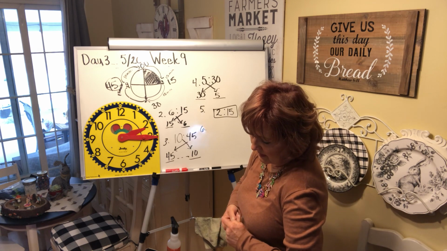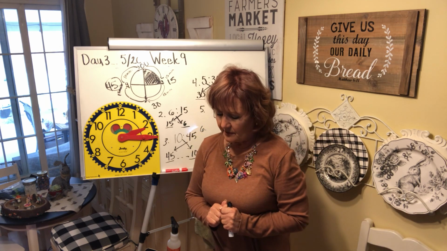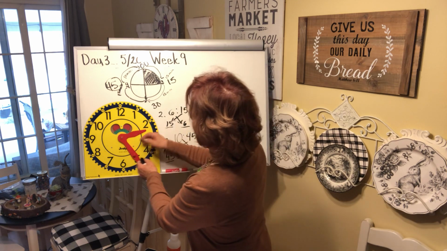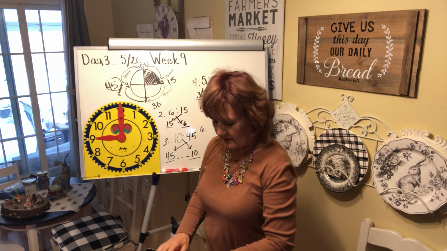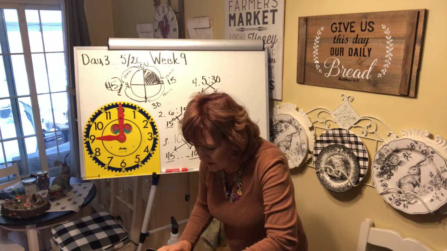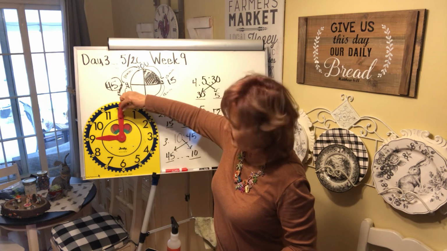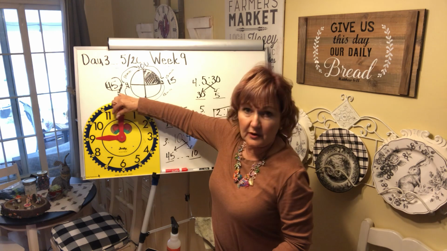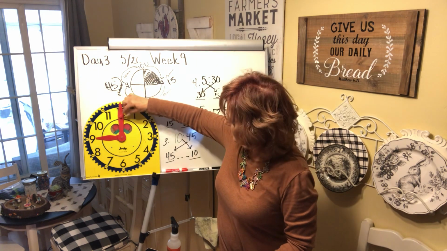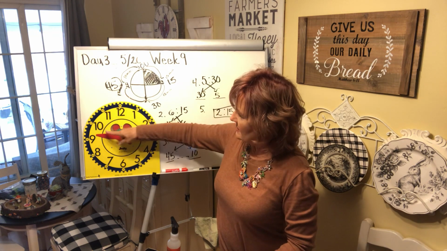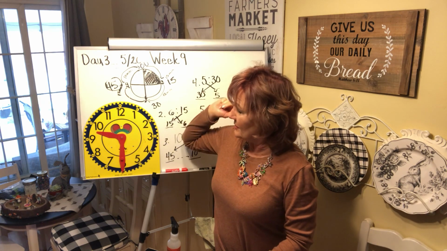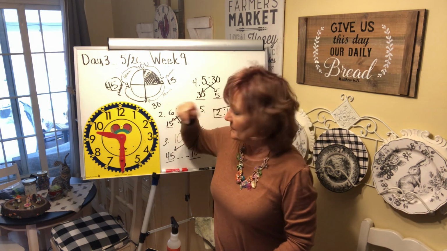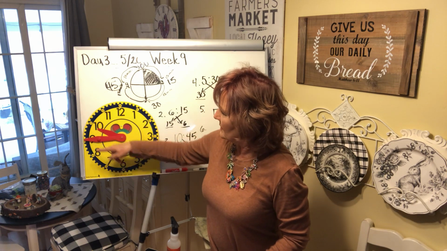All right, look at number 6. The hour hand looks like it belonged to the 9. It was 9 o'clock. Okay, because it hasn't gone to the 10 yet, but it is very, very close to the 10. Let's see. Is it super close to the 10 yet? Let's do another quarter hour. Halfway.